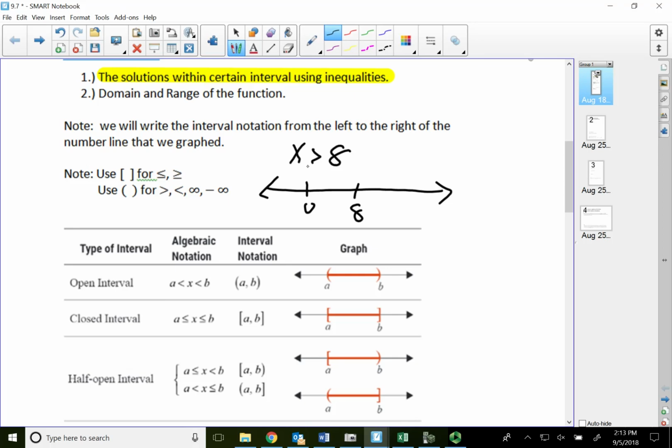The inequality is looking for all the numbers that are bigger than 8. Numbers that are bigger than 8 have to be to the right of 8. Since my inequality has no equal to, I will use parentheses, with all the answers to the right side of 8. How far right do I go? I have to go to infinity.